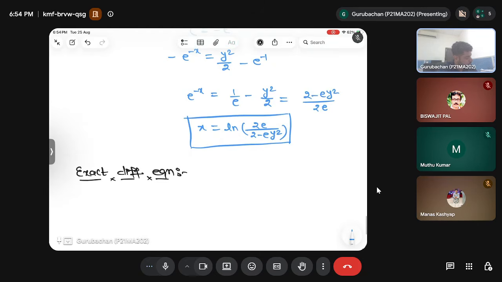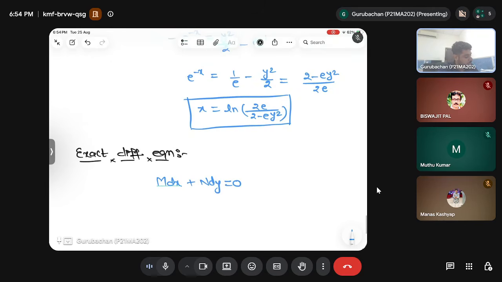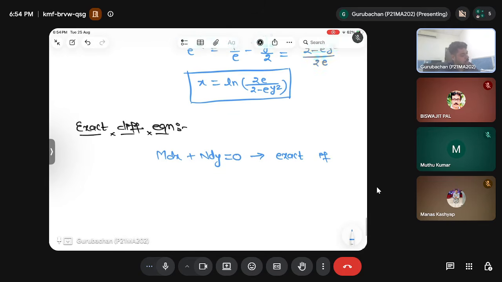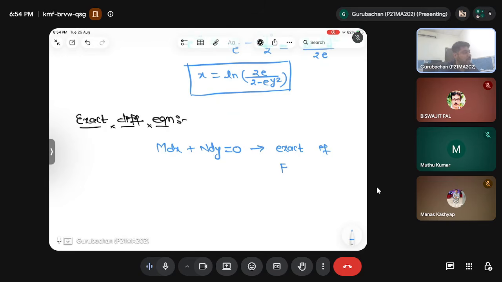Whenever your equation is given like M dx plus N dy equal to 0, this equation is said to be exact if you have a function f of x, y such that whenever you are differentiating it, it will give you this.